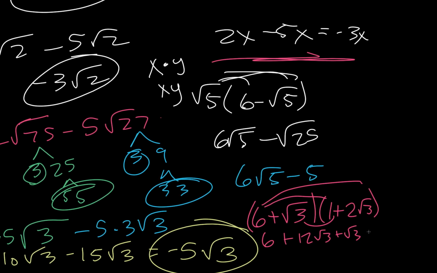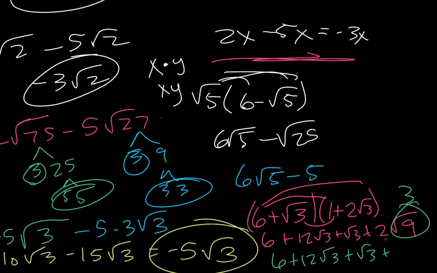And then this times this would be 2 root 9. Okay, and then we just simplify. So 6 is fine, 12 root 3 is fine, root 3 is fine, and then this piece turns into a 3, so it's 3 times 2, so it's a 6.